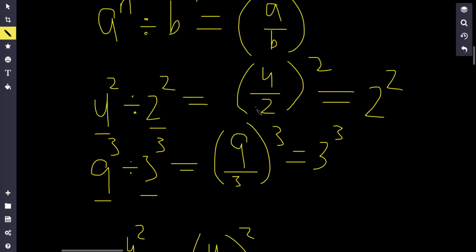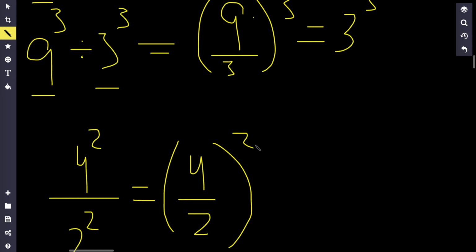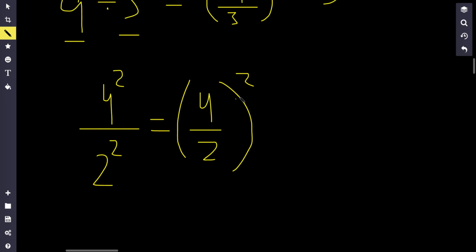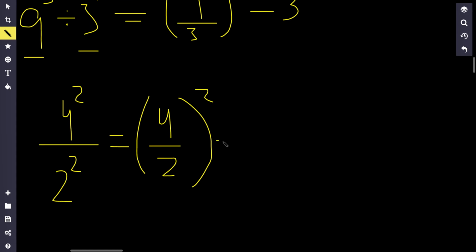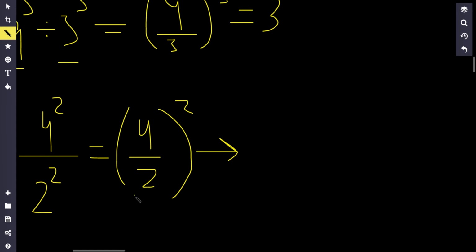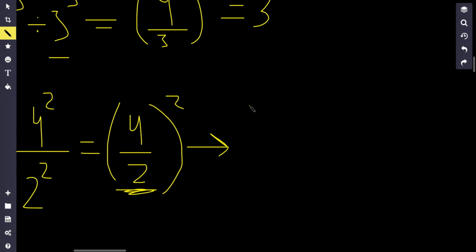That's what we got for our answer. And what is 4 over 2 to the second power equal to? Well, whatever is your base, you multiply it 2 times by itself. So this is going to be equal to 4 over 2 times 4 over 2.